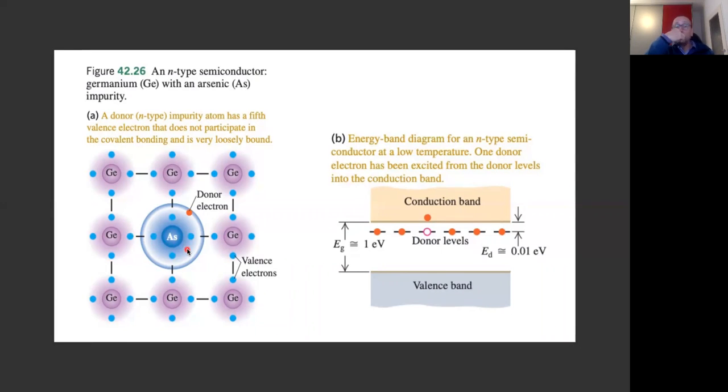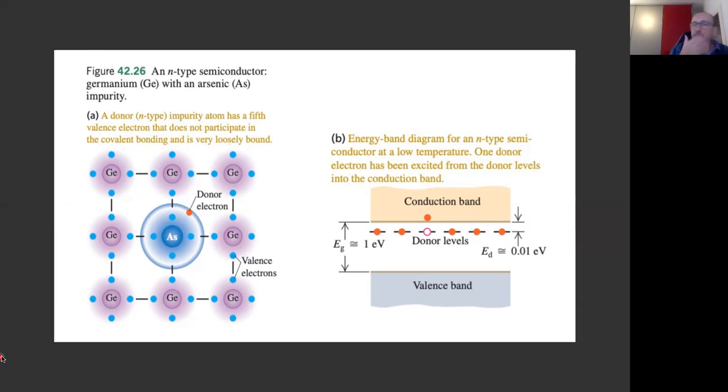Why a hydrogen atom? Because the extra proton of this arsenic will be linked to this extra electron of the arsenic, and the rest will look like germanium. So essentially the difference with respect to a perfect germanium crystal will be this extra proton of the impurity and the extra donor electron.